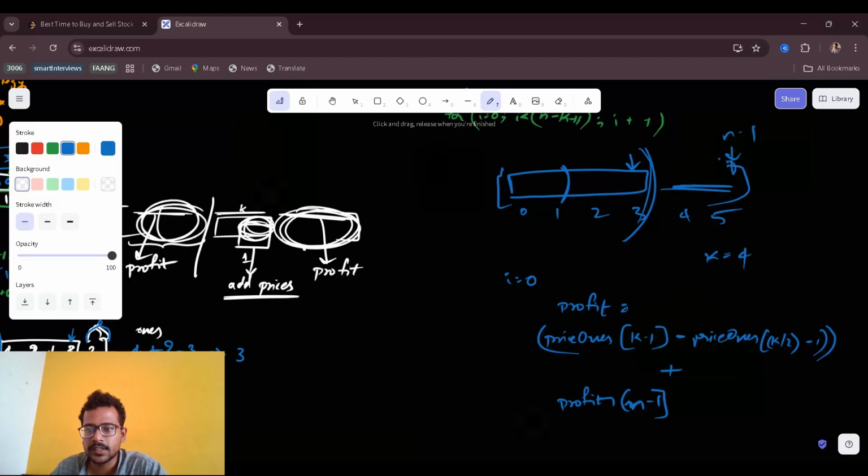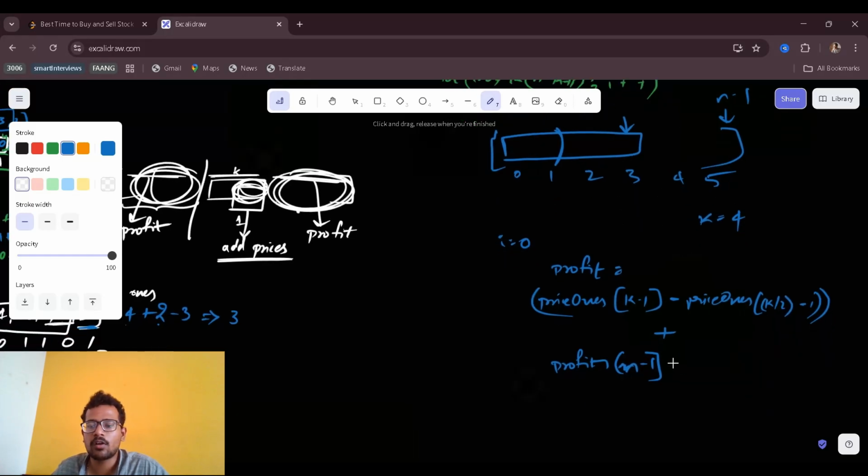So from all this, if I remove this till here, then I can get my profit, right? So what is this? Here it is 3, nothing but profits of k minus 1. 3 is nothing but 4 minus 1, right? So profits of k minus 1. So this is how I get if I is equal to 0.